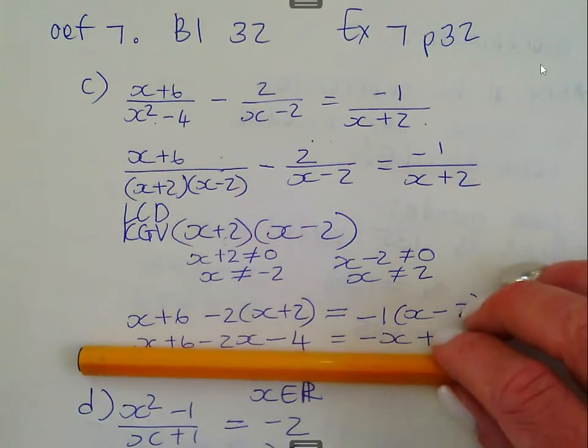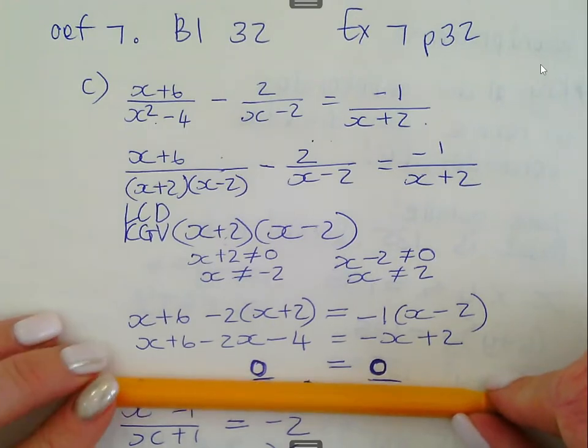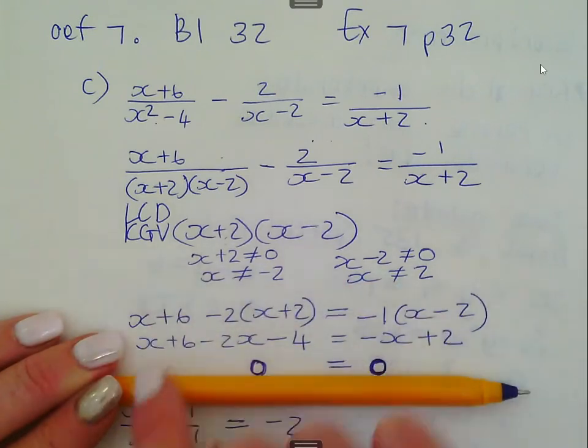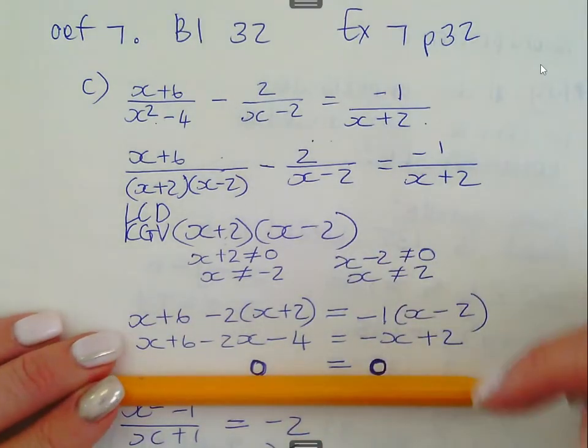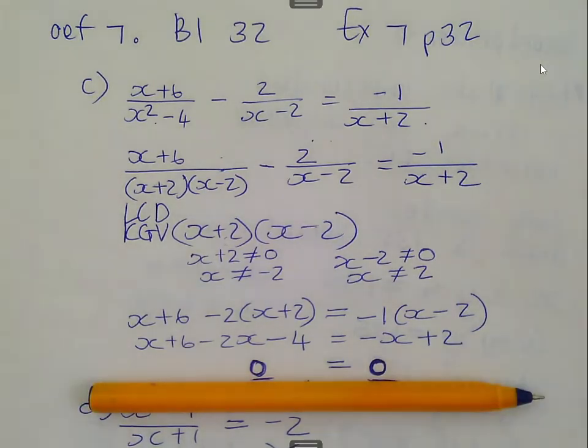The second thing that can happen is when you take all your x's to one side, it will give you 0. And you take all your normal numbers to the other side, it also gives you 0. So the x is gone. Do you see that? All you have is that 0 is equal to 0. Is that true?